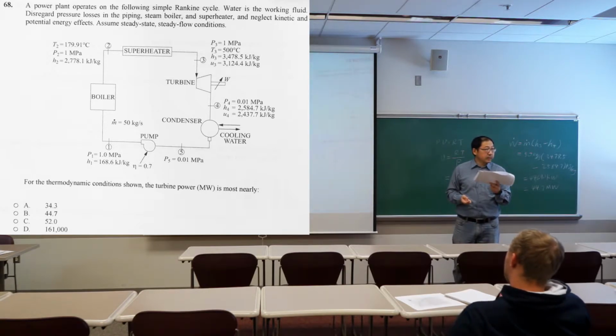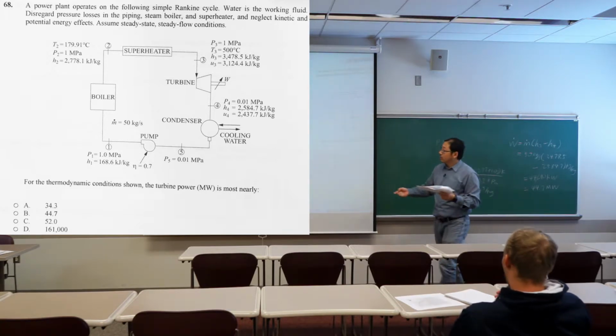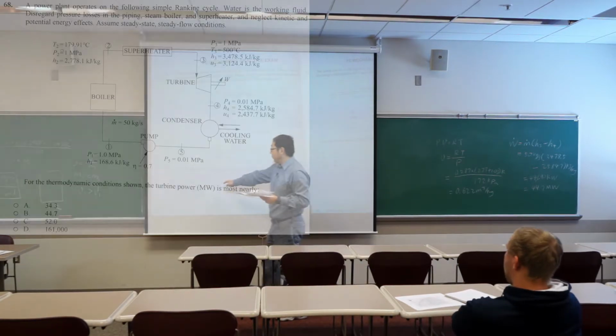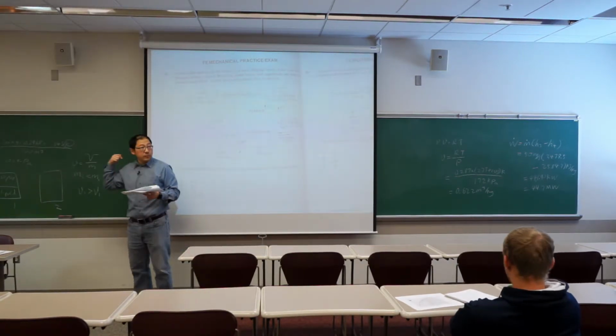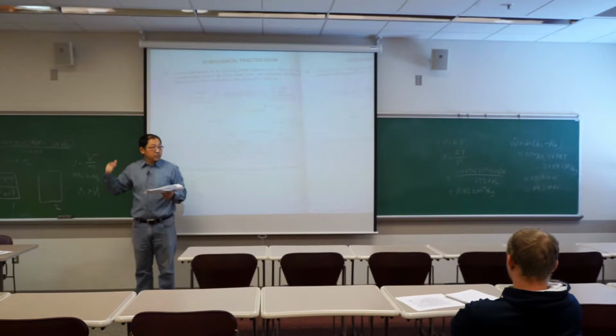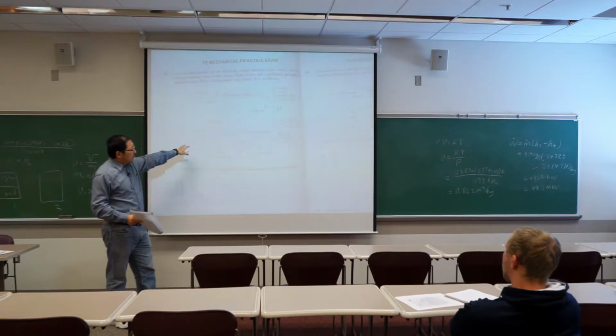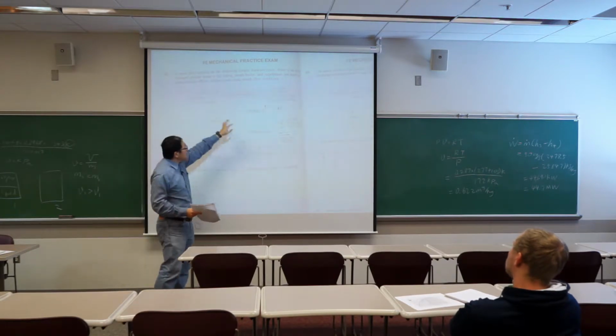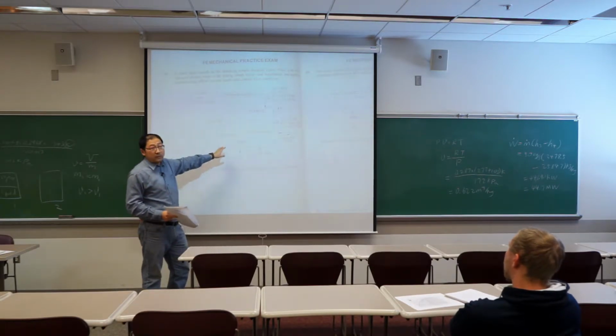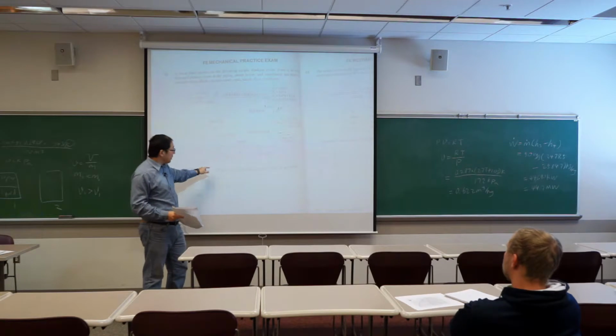That's how you get the correct answer, which is B. Any question for this one? So you need to understand, anytime you look at a problem like this, lots of numbers are provided, but the majority of them are useless to solve the question being asked. You need to focus on the question and go from there.